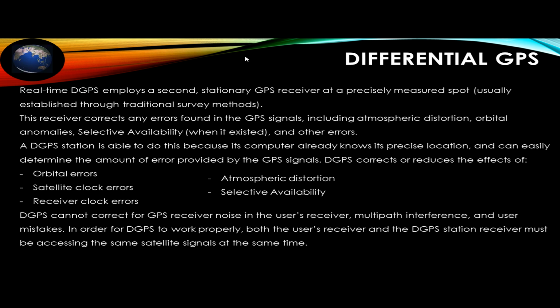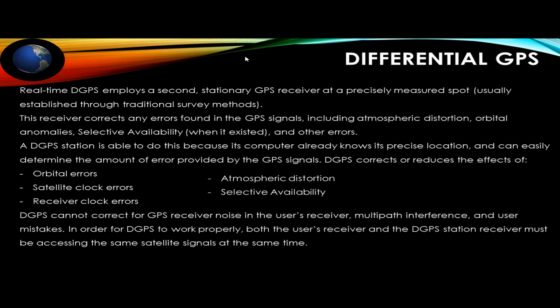So what is differential GPS? When we talk about differential GPS, we are accessing real time information of anything. Like we are tracing a path, or tracing a vehicle moving on the surface. We are interested in how much time it took, from where to where it is moving, and what latitude and longitude it is covering.